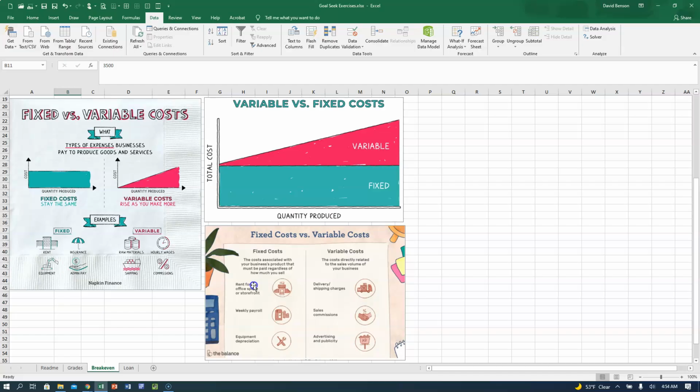So if I owned a frozen yogurt place, a fixed cost is like my rent or my lease, because I have to pay that rent regardless of whether I stay closed the entire month and sell 0 units, I'm not selling any ice cream cones or frozen yogurt, or if I sell 10,000. Whereas a variable cost is the cost of me selling one more ice cream cone, right?